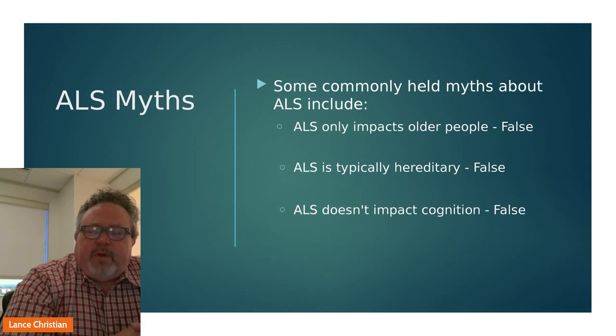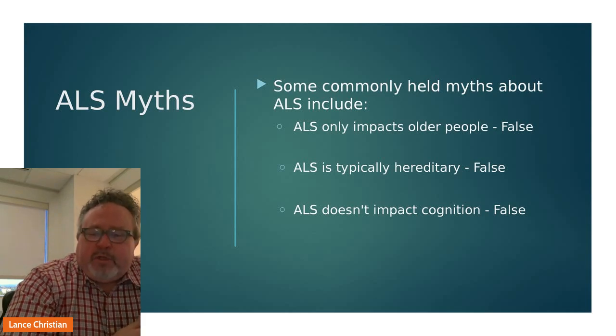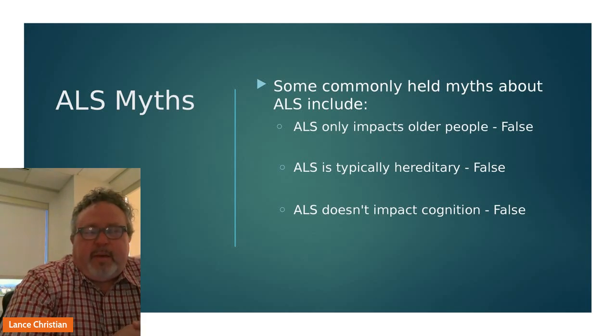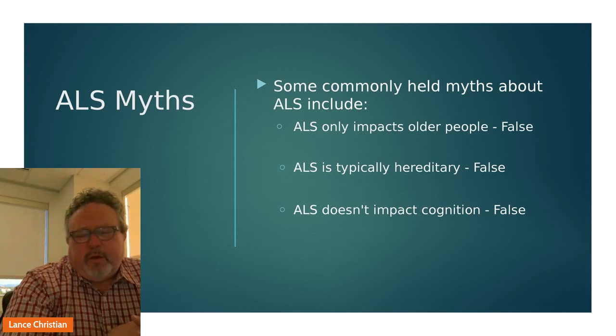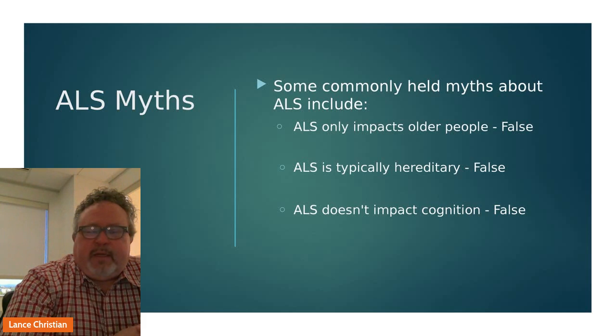Some recent studies have really shown that around 50% of people who have ALS may experience some cognitive changes. But within that 50%, it can be from very, very mild to some cases which are much, much more severe, which really impacts people's ability to function and impacts personality, impulsivity, passivity, apathy, and can really impact their daily lives as well as the type of care that they need as the disease progresses.